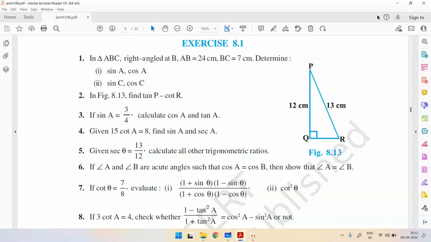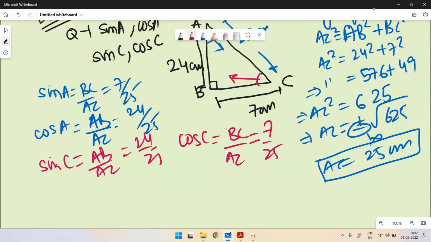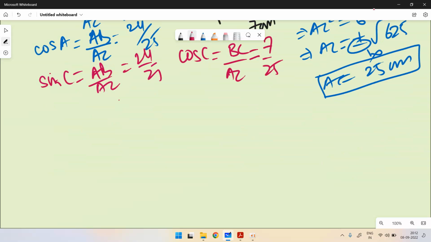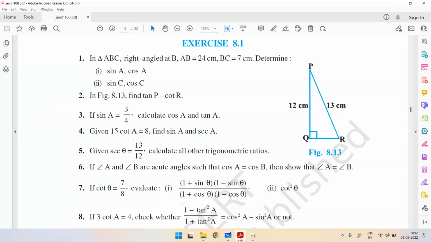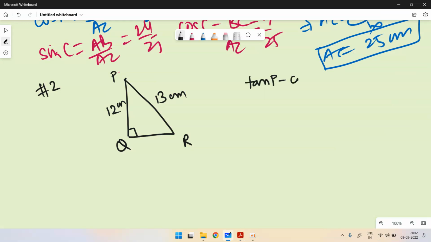PQ is 12 centimeters, PR is 13 centimeters, and the right angle is at Q. Calculate tan P minus cot R. For angle P, tan P is perpendicular by base. Here perpendicular will be QR by PQ.